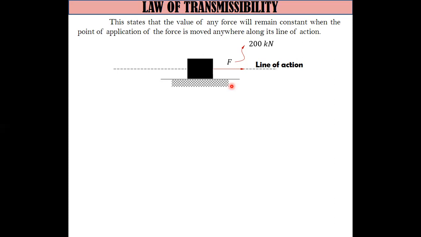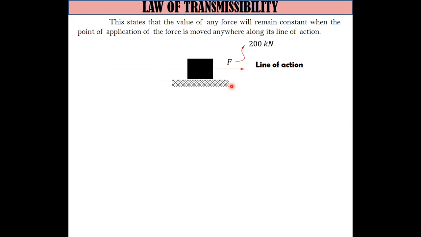When we say principle of transmissibility, we can adjust the location of the force anywhere on the body, as long as the force is passing through its line of action.